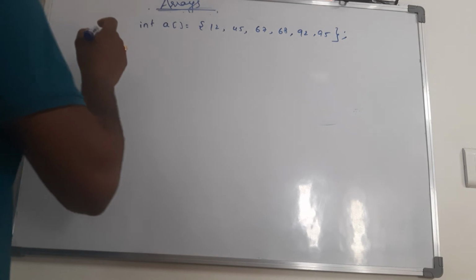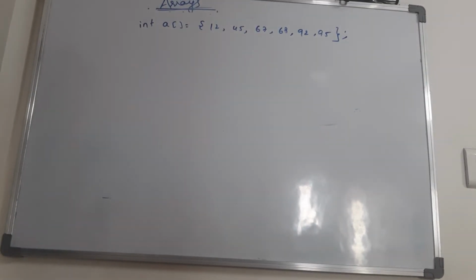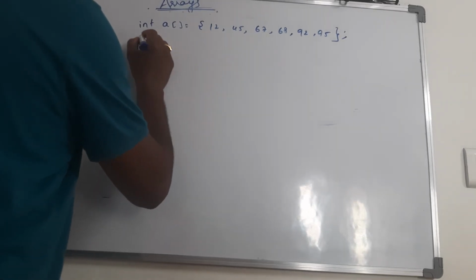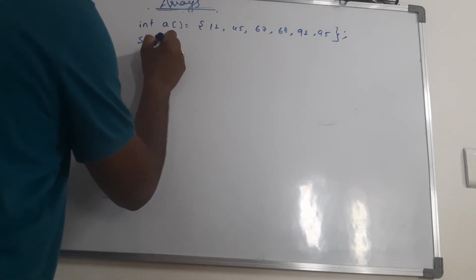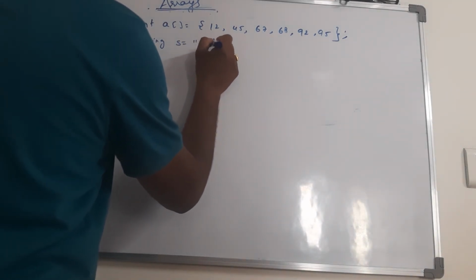In a string, how can we find the length, how many characters are there in the string? String s equal to "automation".